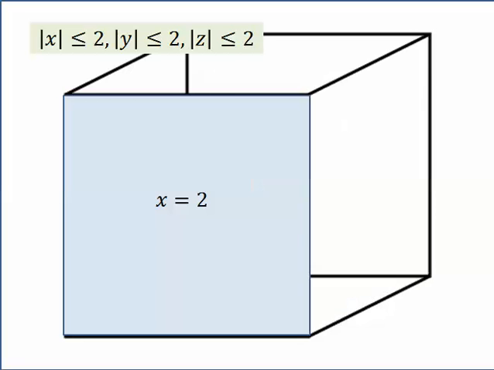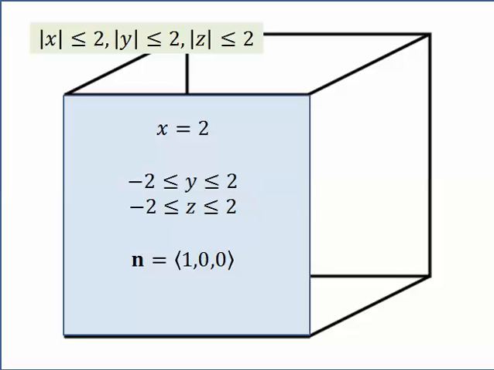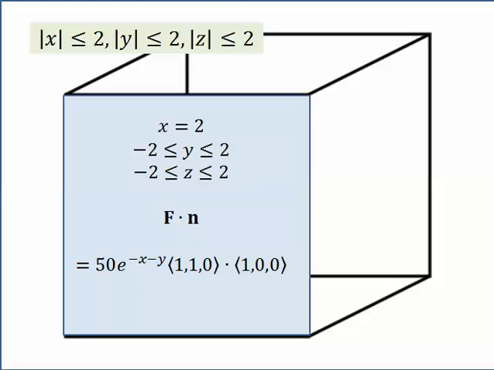For the face x equals 2, y is going to run from negative 2 to 2, and z is going to run from negative 2 to 2. As I said, the unit normal vector is going to be 1, 0, 0. If I take 1, 0, 0 and dot that with 1, 1, 0, I'm going to get a dot product of 1.